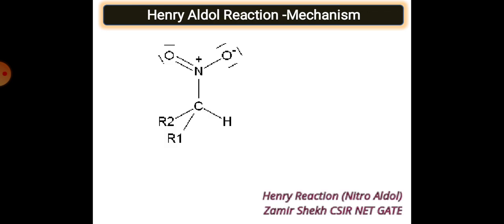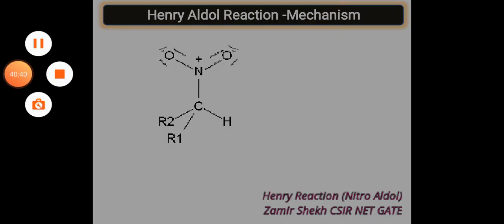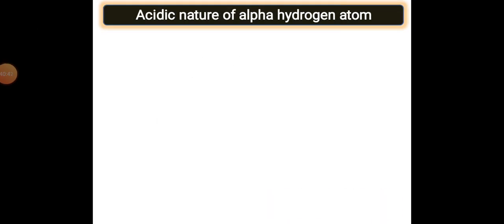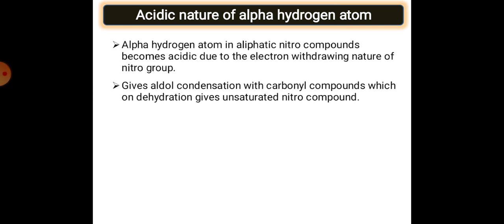So this is the mechanism I just referred to. Particularly, this is an animation example, you must go through that. So look at this one. First of all the base comes in. I will again show you the same mechanism.